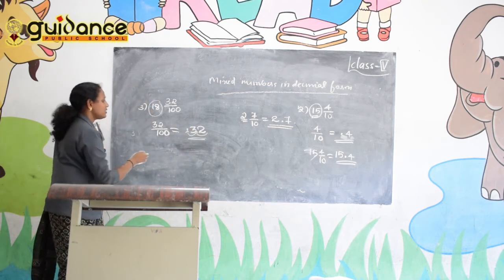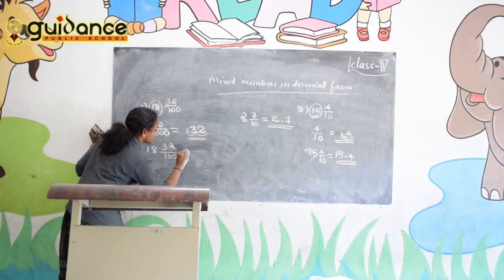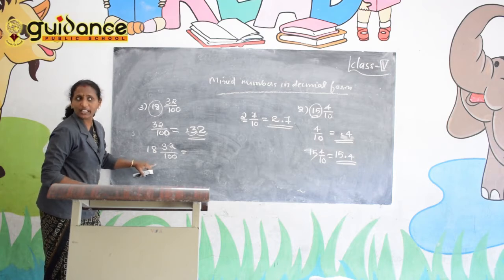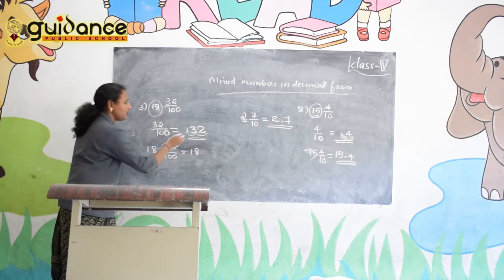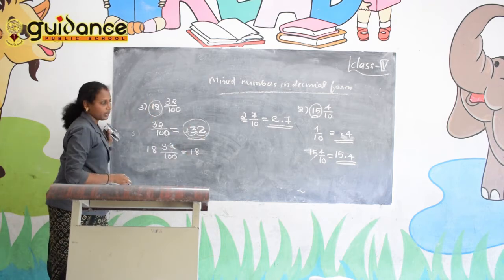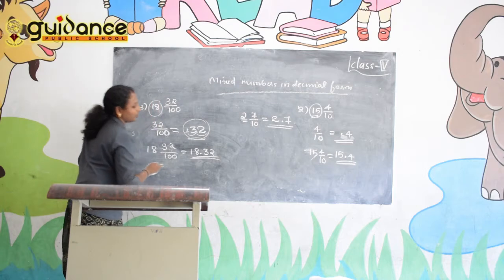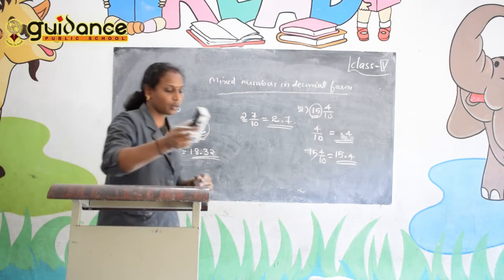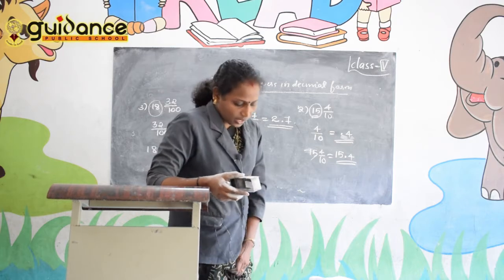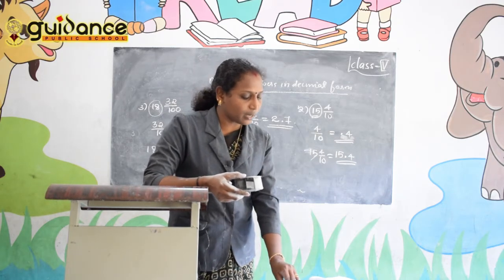So 18 and 32 by 100 is equal to 18, the whole number part, followed by 0.32. Okay, so this is one method, mixed numbers into decimal form.